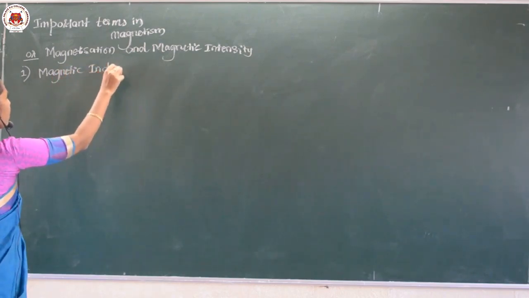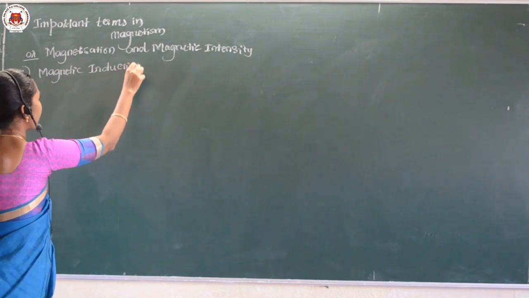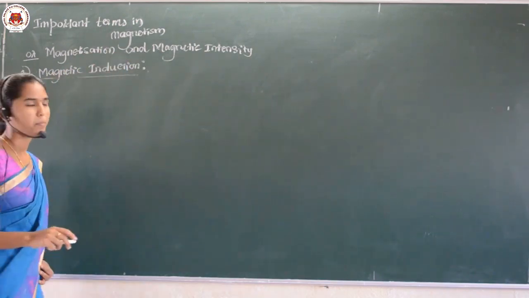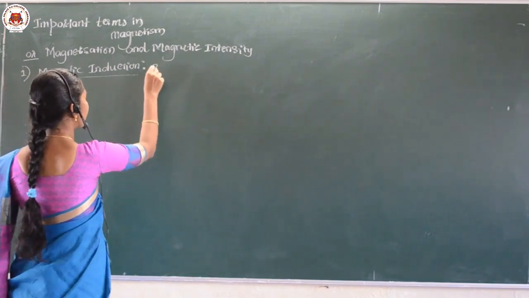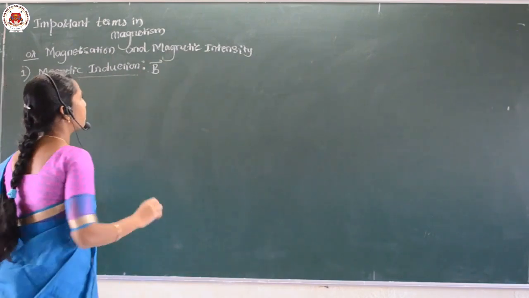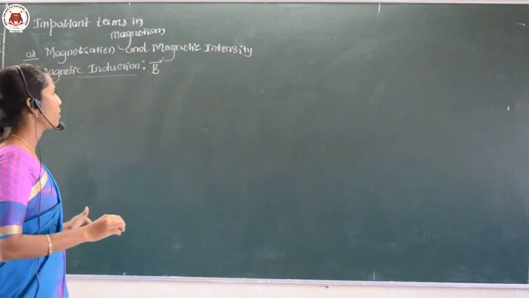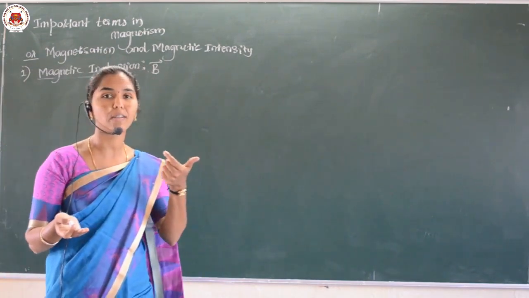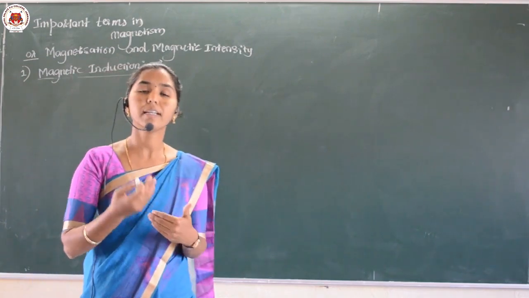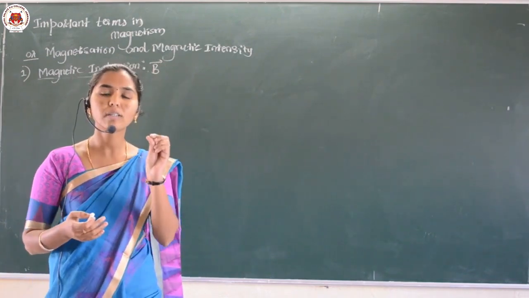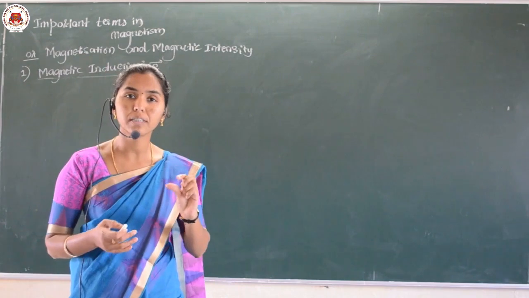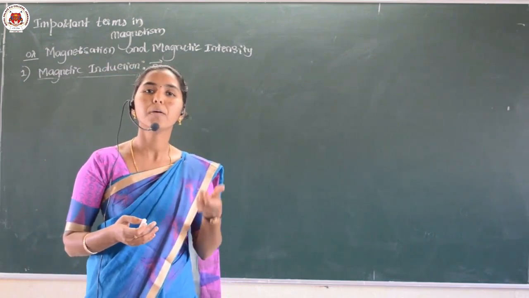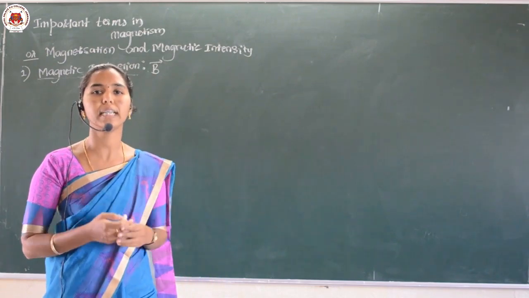Magnetic induction. You already studied this many times in your previous chapter. Magnetic induction is represented as B bar. It is also called magnetic flux density, and it is given by the total number of magnetic field lines crossing normally per unit area of the material.